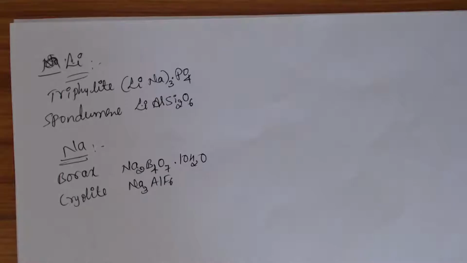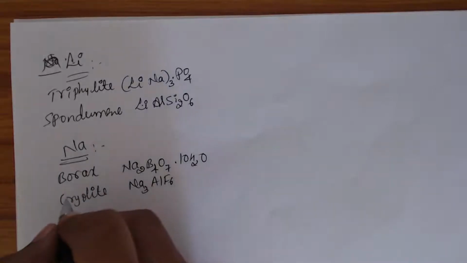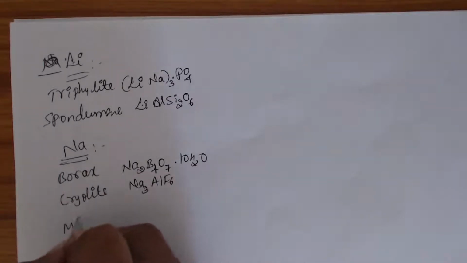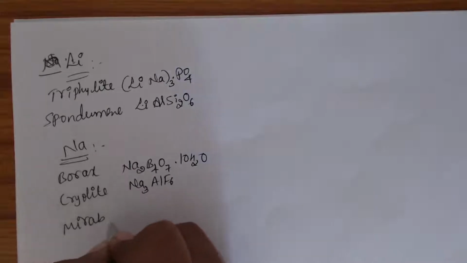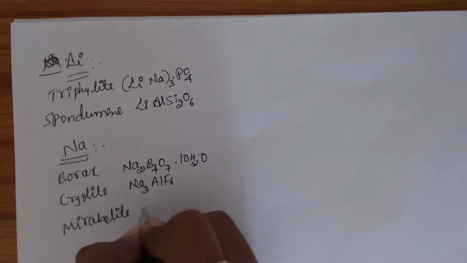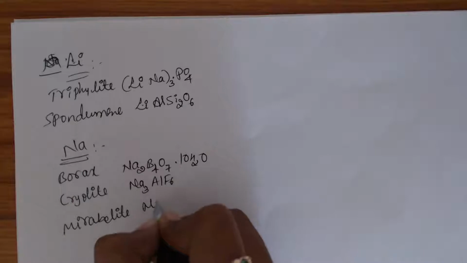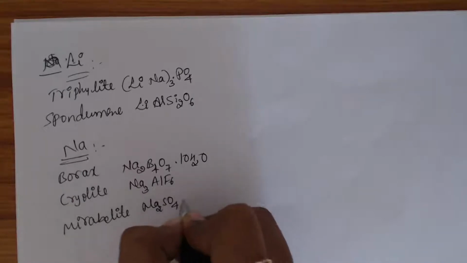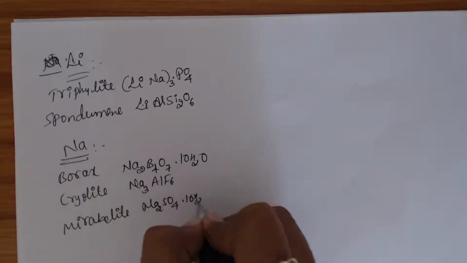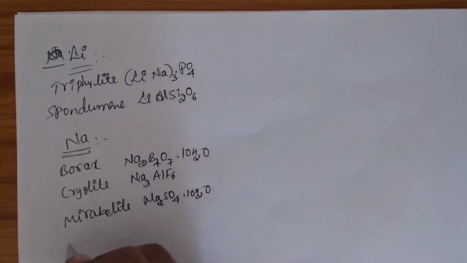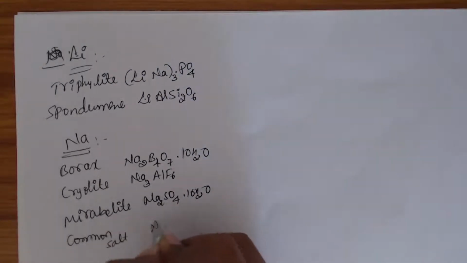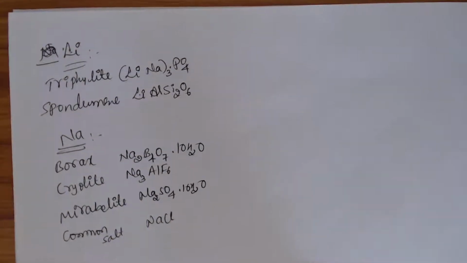Another one is mirabilite, which means sodium sulfate decahydrate. Another one is common salt, that is NaCl.